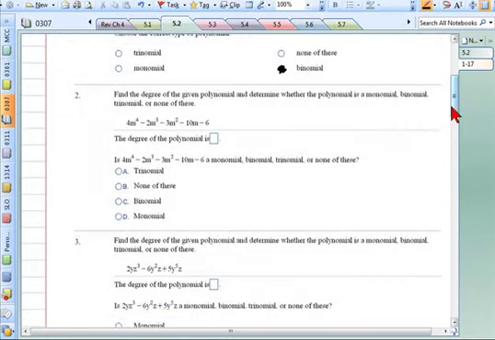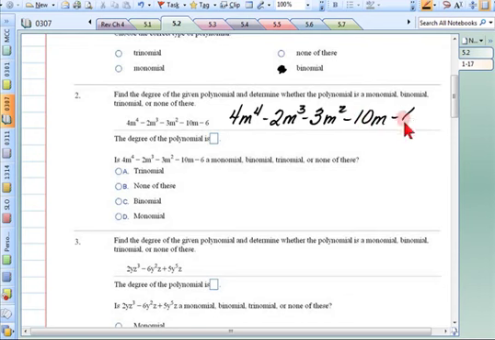Find the degree of the polynomial and determine whether it is monomial, binomial, trinomial, or none of these. All right. This is, and I'll write it larger, 4m to the fourth minus 2m to the third minus 3m squared minus 10m minus 6.